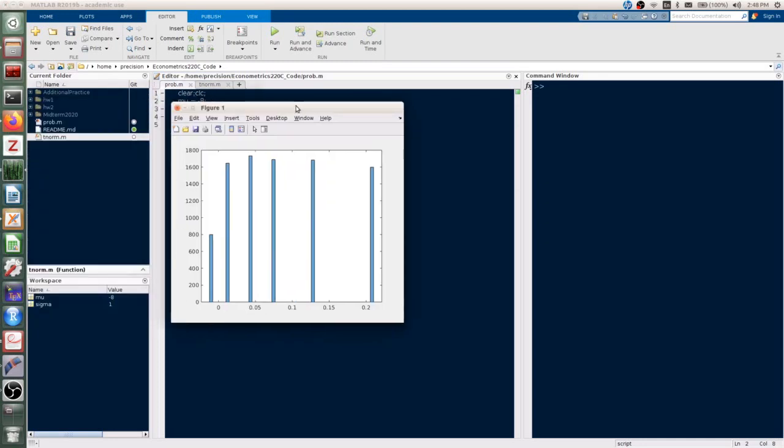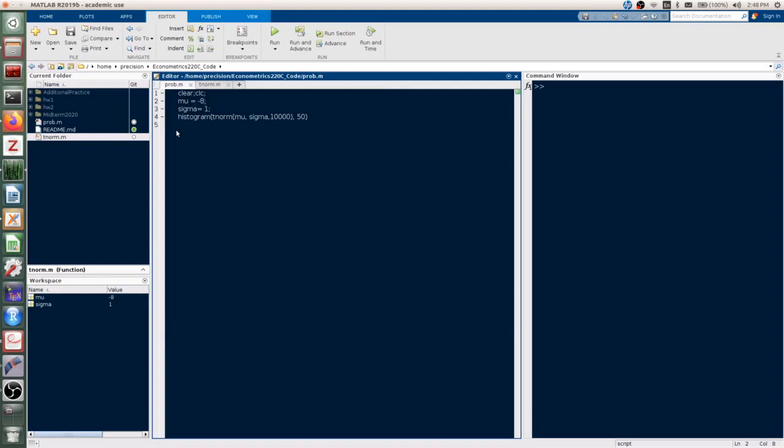Okay. So you can see that it's not working very well. The reason for that is that the norm inverse function stops working.